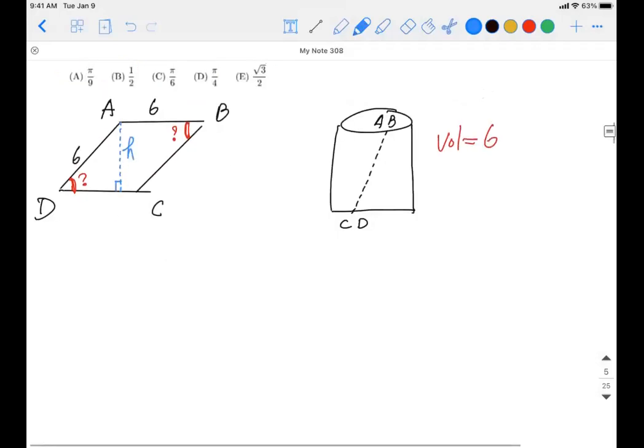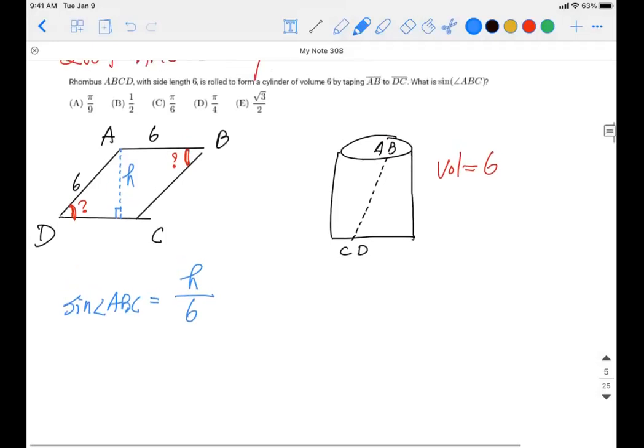This is very intuitive. So sine ABC is equal to H over 6, right? As long as you get a value for H, then plug it into this formula, and you'll be able to get the value of sine. Okay, who can tell me, how can I get a value for H?